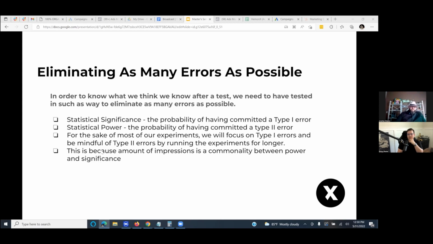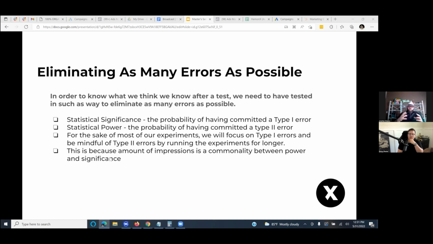Now, when we jump to the next screen, well, let me back up for a second. For the sake of most of our experiments in marketing, we are going to focus on trying to eliminate type 1 errors, and we're going to be mindful as possible that type 2 errors could be occurring, and we're going to try to adjust for that as much as possible, right? Why is that?